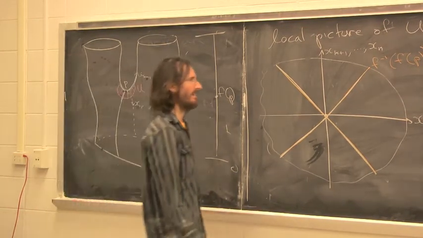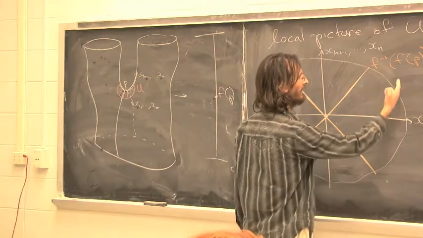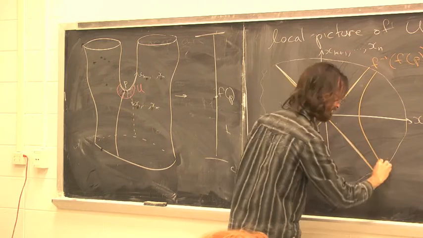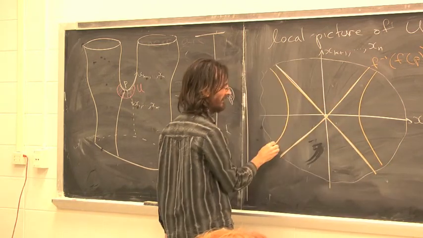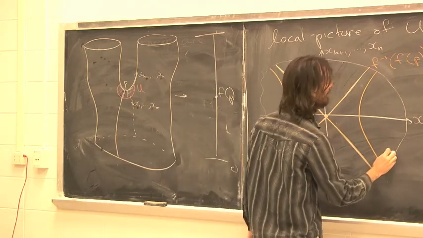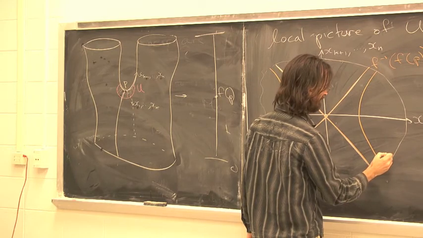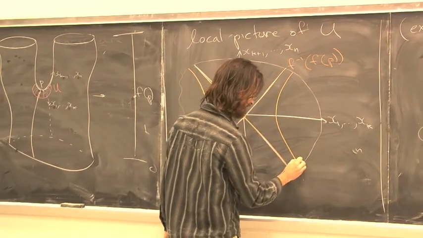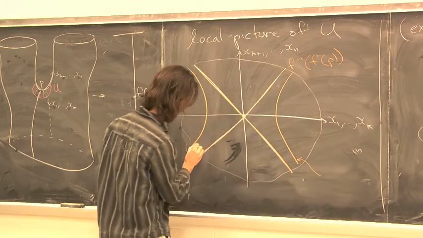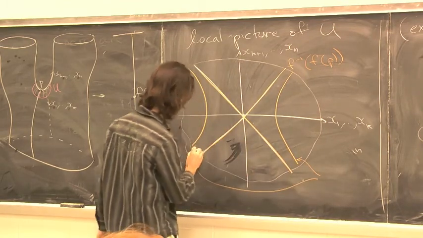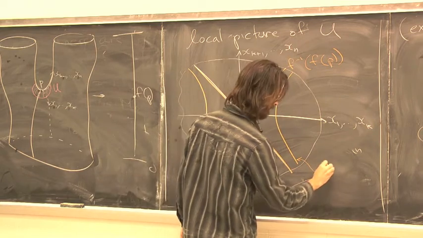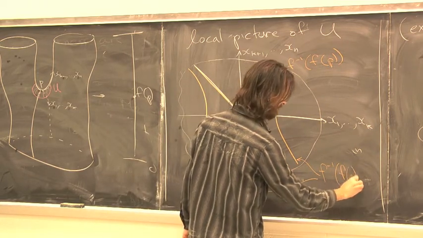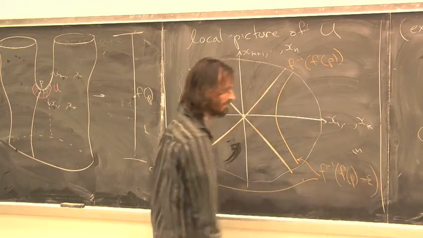If I look at when it's less than that, say f of p minus epsilon, I do something like this, and this together is f inverse of f of p minus some epsilon, just below there.